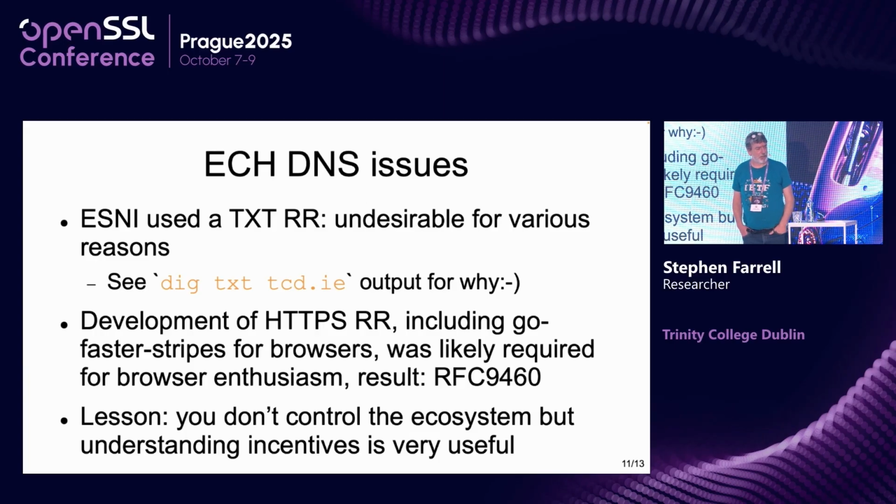So the HTTPS RR includes essentially go-faster stripes for browsers. This is semi-interesting, in that if it wasn't for this, browsers probably wouldn't be so interested in deploying ECH. They're happier implementing and deploying ECH because they also get the go-faster stripes of getting information about the web server's TLS settings from the DNS before they send the ClientHello.